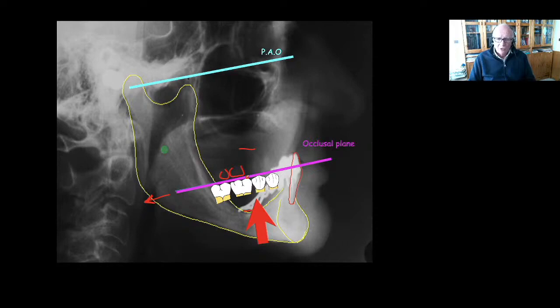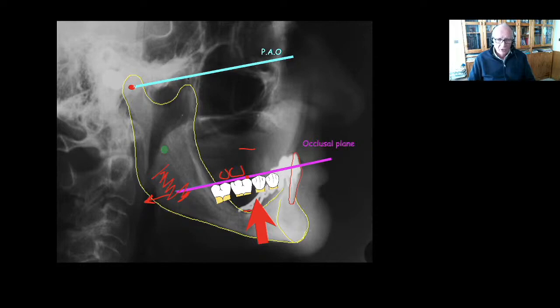When the patient closes, the forces are not perpendicular to the occlusal plane. The elevator muscles are turning around the condyle.